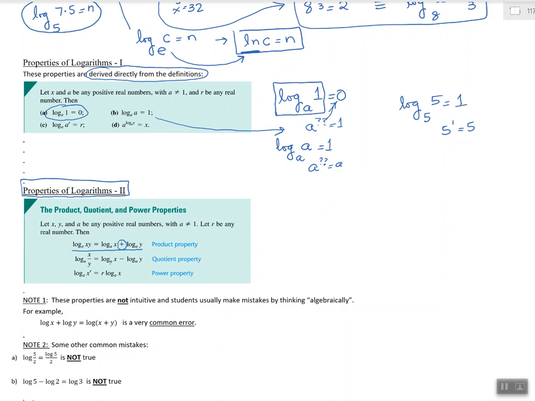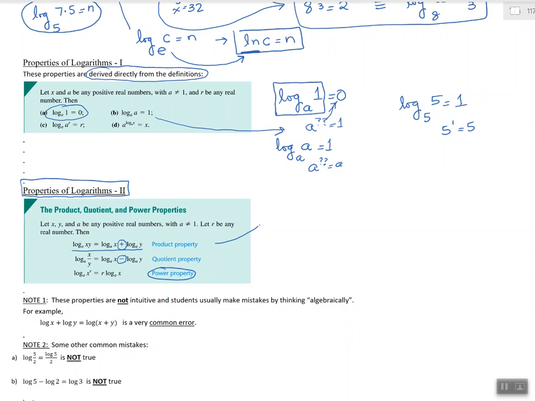The quotient property is log of x divided by y is log of x minus log of y. And finally, the most important one, the power property, says log of x to the power r is the same as r times log of x. The base is the same, so you don't have to keep saying it.